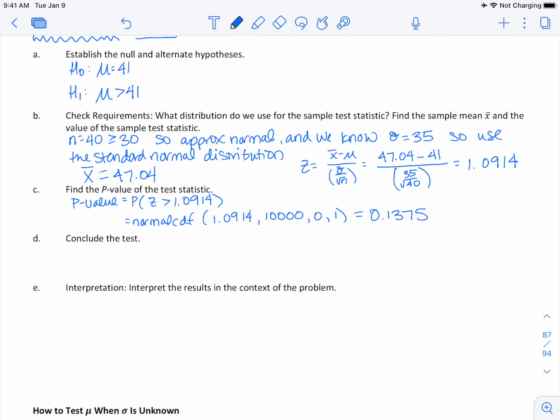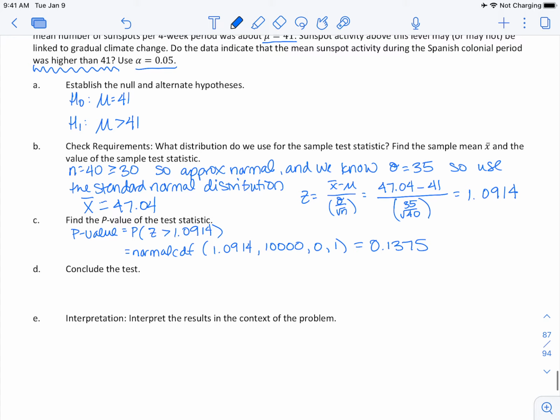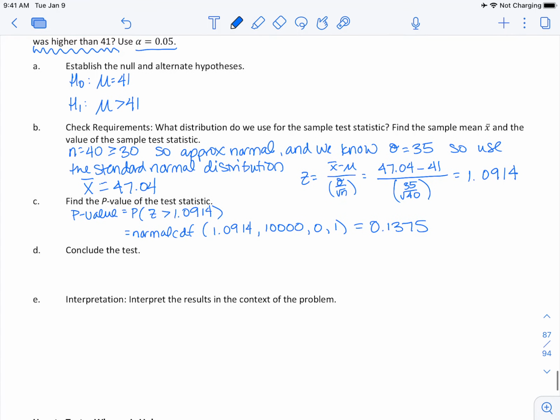So now we have to compare this p-value to our alpha. If you recall, our alpha is 0.05. So our p-value is 0.1375, which is greater than our alpha, which is 0.05. So we fail to reject our null hypothesis. All right, interpretation.